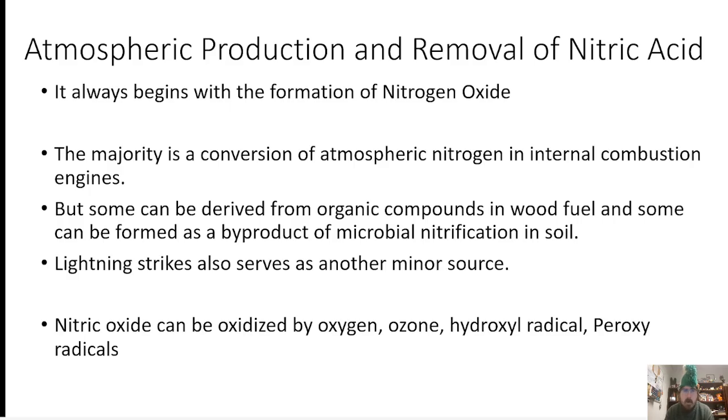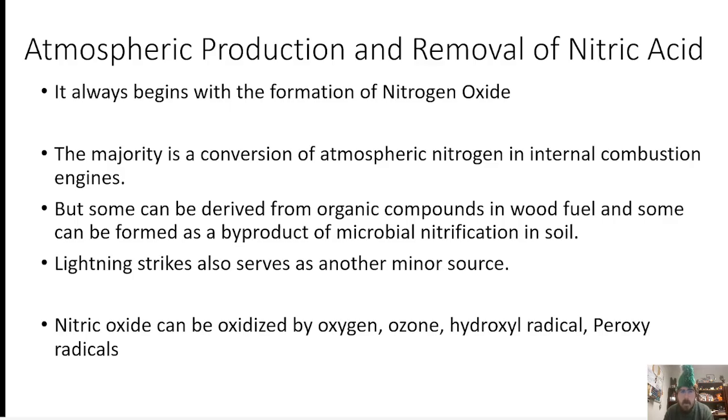Same thing in the smog. Though there are some other sources, including organic compounds and wood-based fuels, and some are a byproduct of microbial nitrification in the soil. So we cannot avoid this even if there was no more oil to mine. If we run out of fuel for cars, we would still have some acid rain, just a whole heck of a lot less. Even lightning will serve as a minor source.